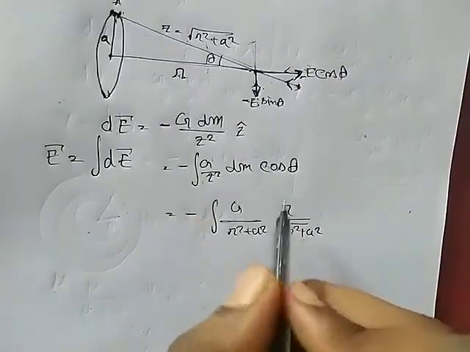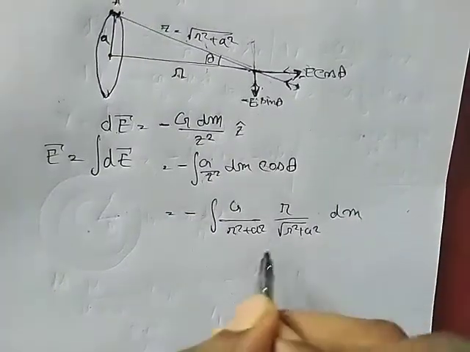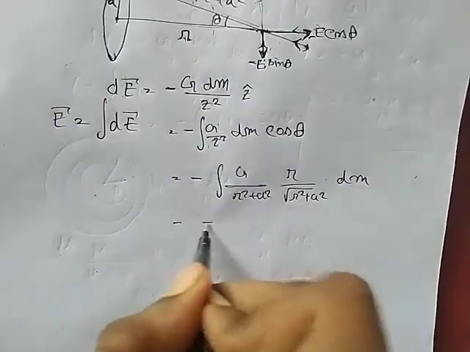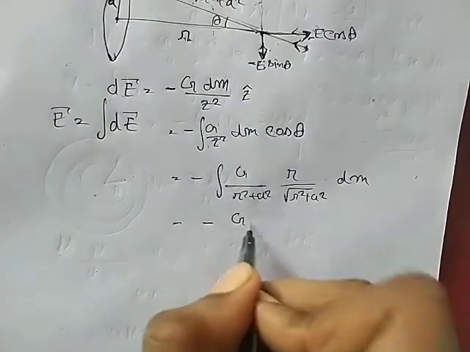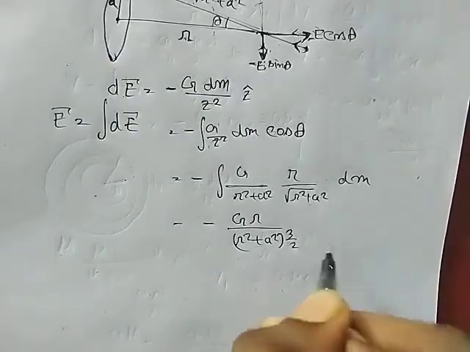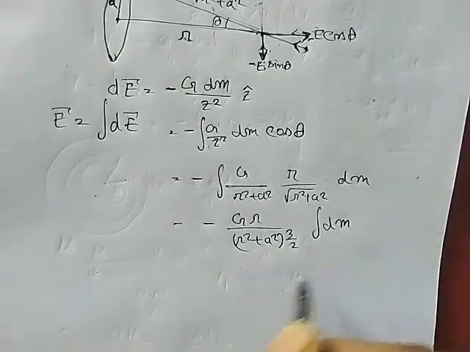And here we will write the elemental mass as dm only. We just don't need to find the expression for this for now. So we can write this as minus G r by r square plus a square to the power 3 by 2 integration dm.